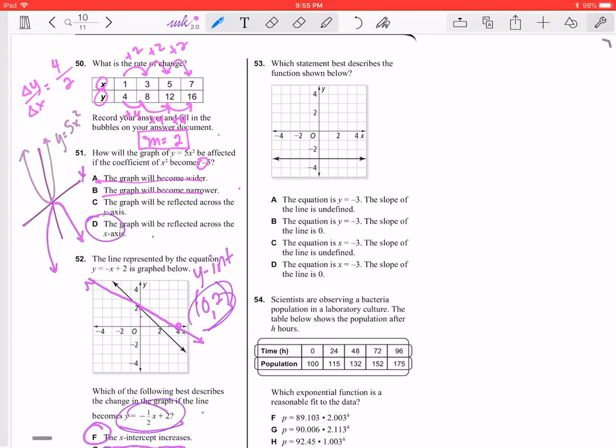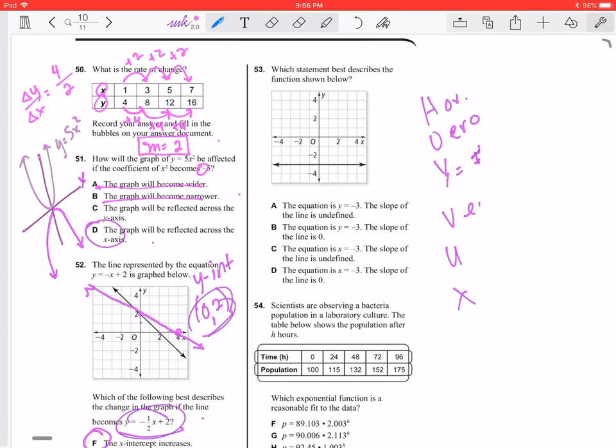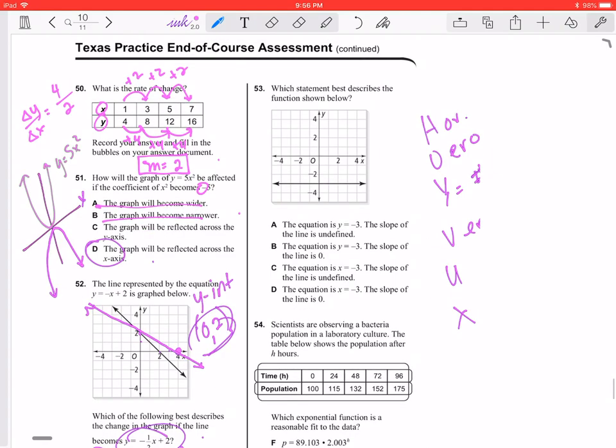Number 53, which statement best describes the function below? This is a horizontal line. Remember, HOY VUX. Horizontal, 0 slope, y equals some number for an equation. Vertical line, oops, I don't know why it's not showing.